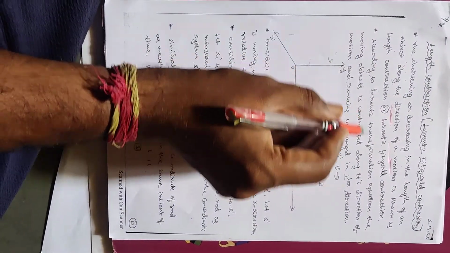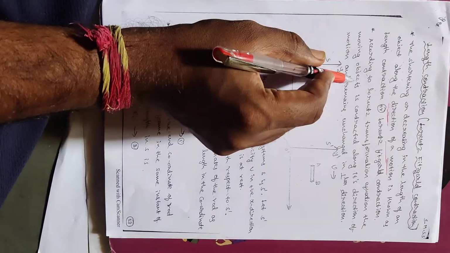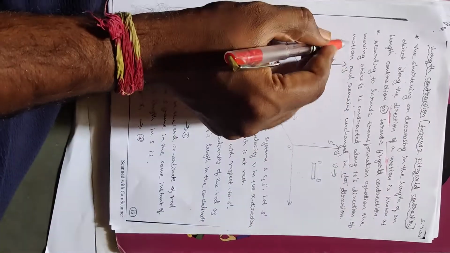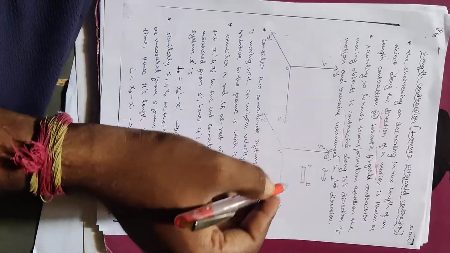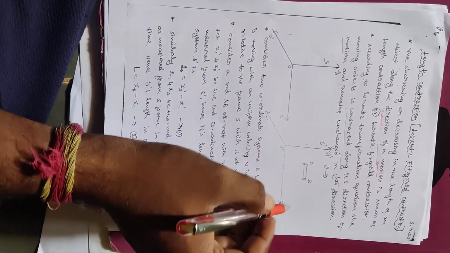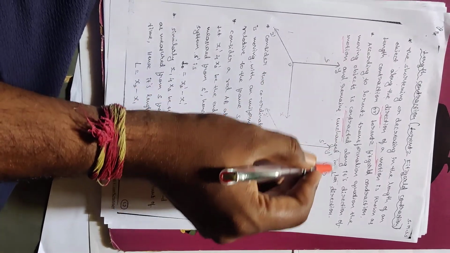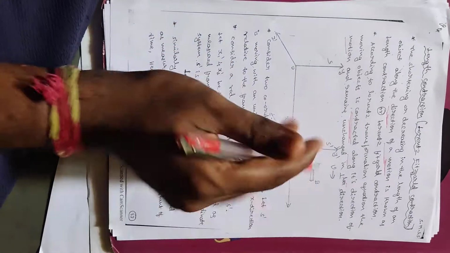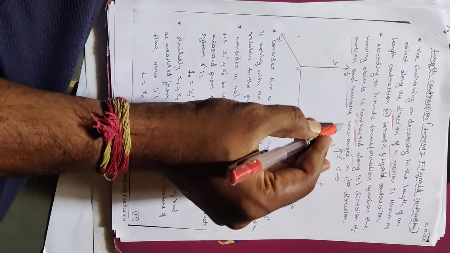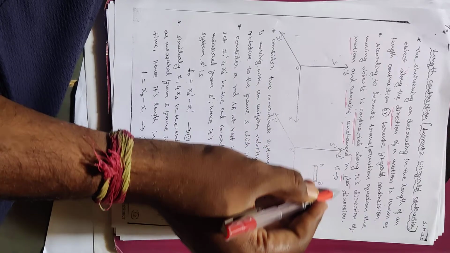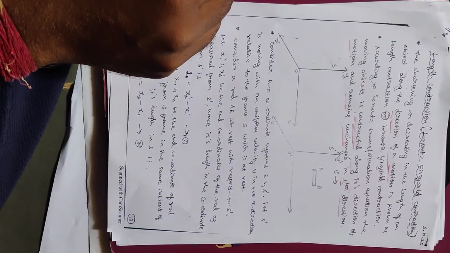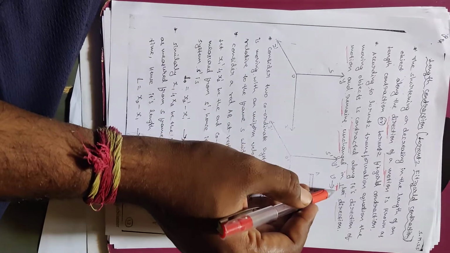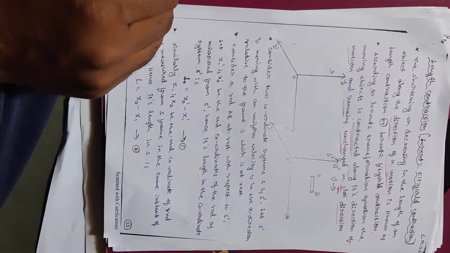According to the Lorentz transformation equations, the moving object is contracted along its direction of motion, only the direction of motion, and remains unchanged in perpendicular directions. Note down this point.